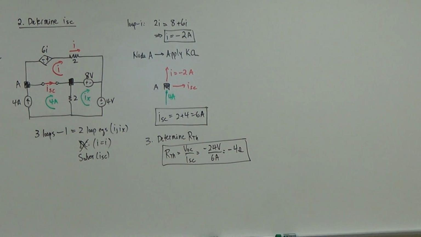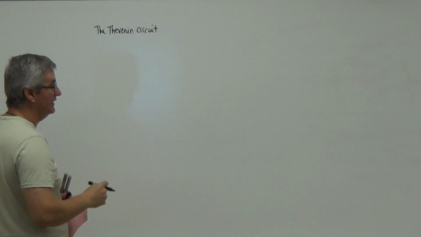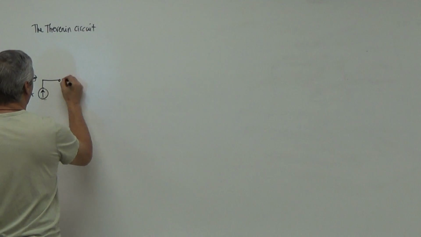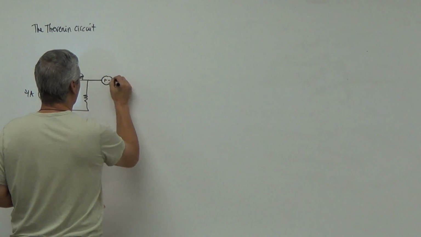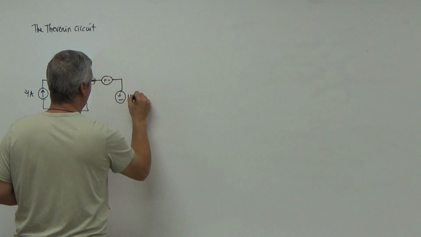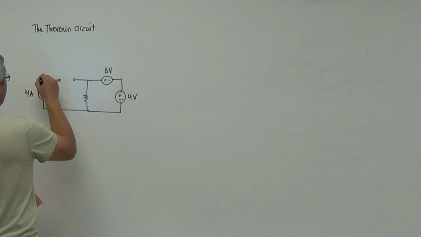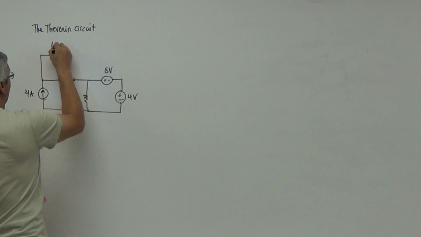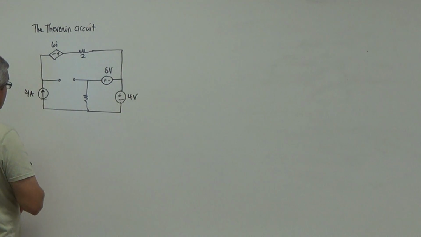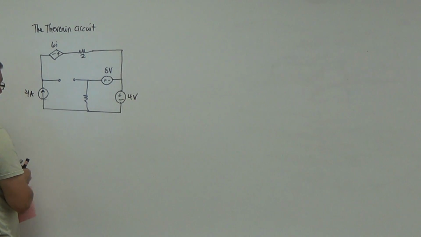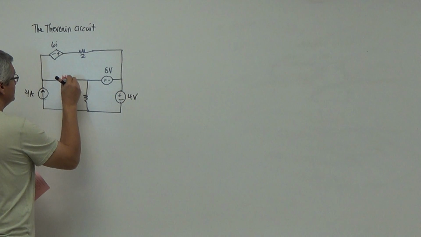So if I look at this circuit, it essentially implies that I could come back in here now, and I'm going to put my load resistor in here.